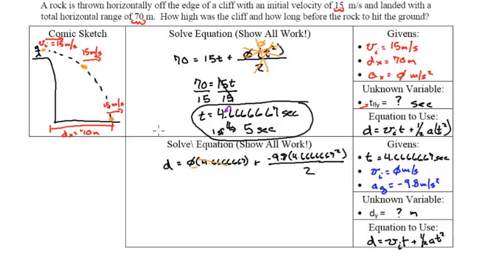Does this blow up? Distance equals negative 9.8 times, now if I take 4.6 and I square it, I get 21.77777. I'm seeing a pattern here. 8. All that over 2.